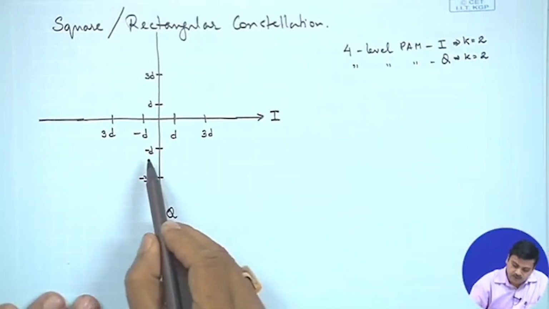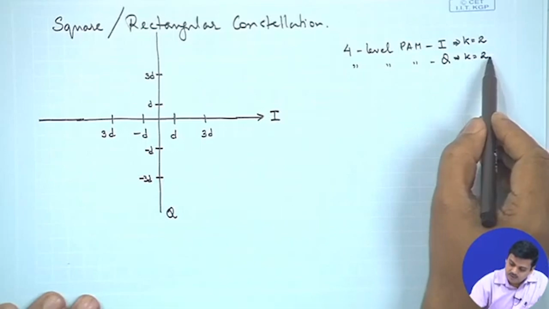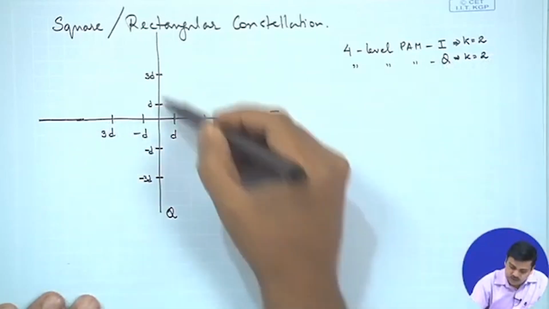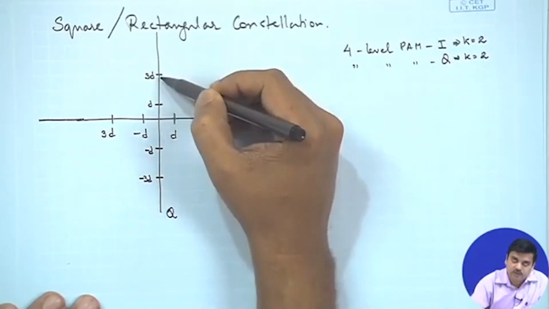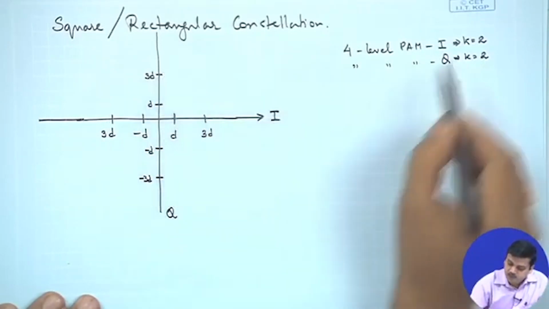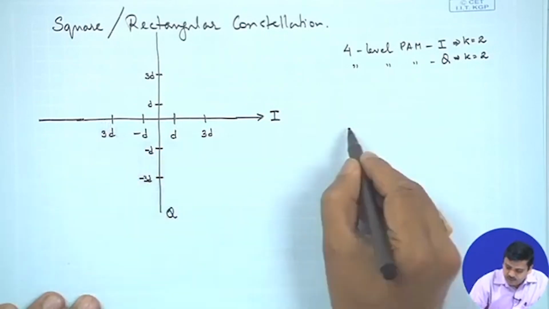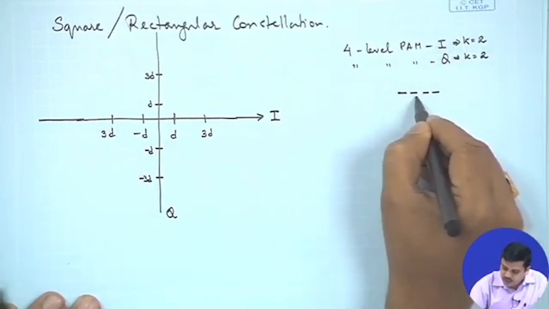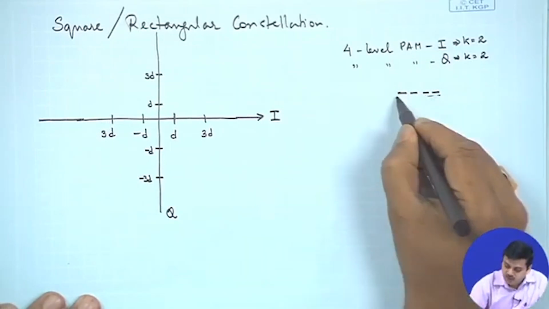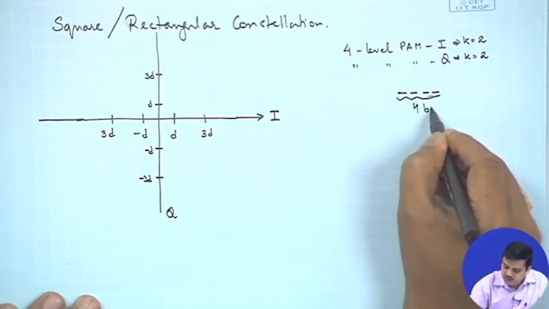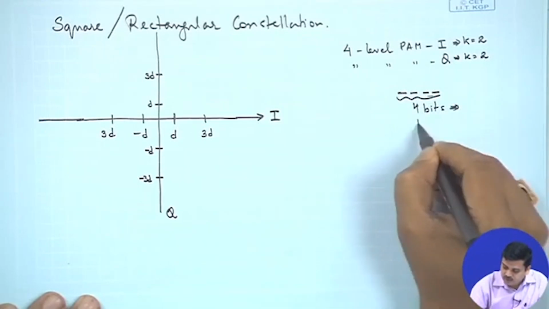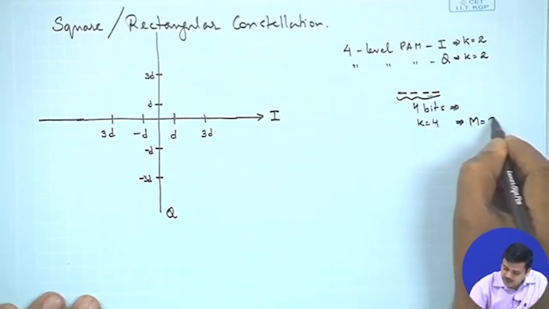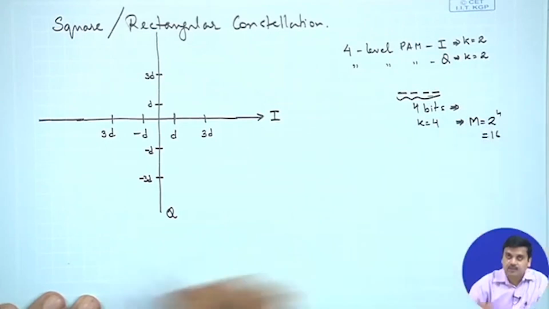That means we have 2 bits, and we will choose these 4 levels. So when we combine them, what do we get? Together we have 4 bits, 2 from the I selection, 2 from the q selection. So that means combined k is equal to 4, which implies M is equal to 2 to the power of 4, that is 16.